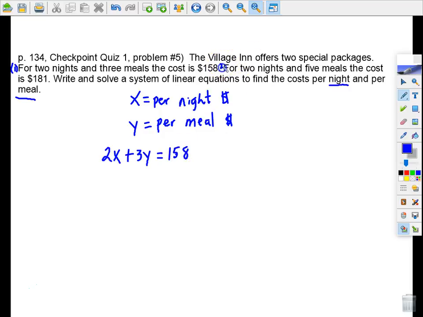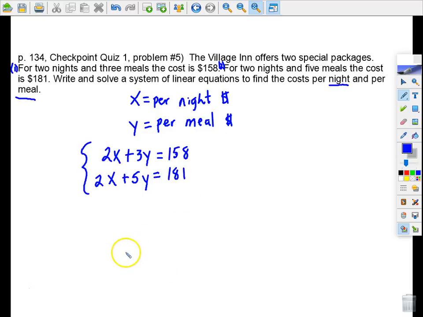Okay, here's another package. 2 nights, so 2 times the per night cost, plus 5 meals, 5 times the per meal cost, that totals $181. So this is our system.